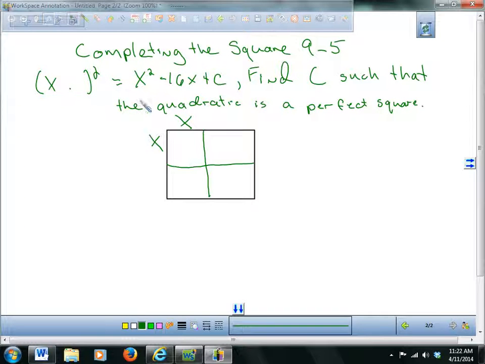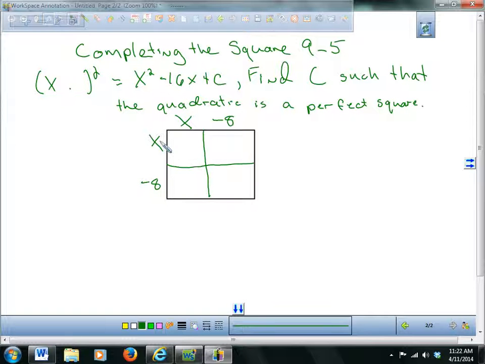And so if I want these two things to make negative 16, what do you think should go over here? 8. Very good. Jordan, positive 8 or negative 8? Negative 8. Okay? Negative 8.